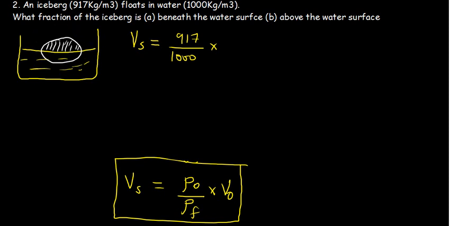We don't know the volume, so let's take it that it is 100%. Only a portion is the one floating in the water. So this gives us 917 divided by 1000, and then we multiply that by 100. This is telling us that 91.7% is what is in the water. Sorry, not above, but in the water. This is the portion that is in the water.